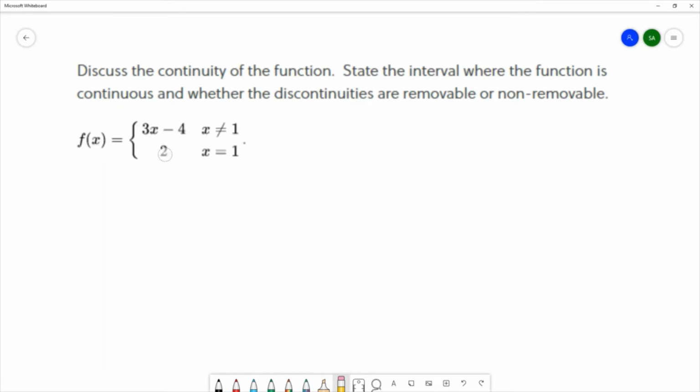And then this 2 would be a constant, a horizontal line at y equals 2, and it will be continuous if we think about it individually. So both of these equations are continuous functions individually. They would be continuous from negative infinity to infinity.